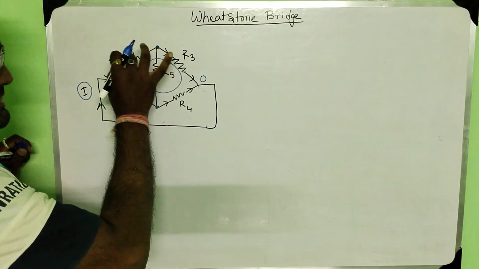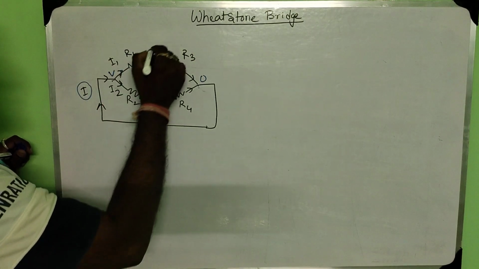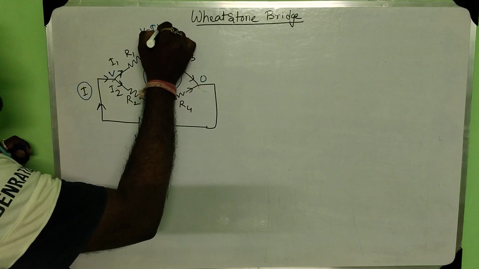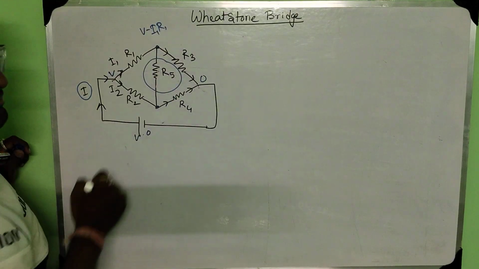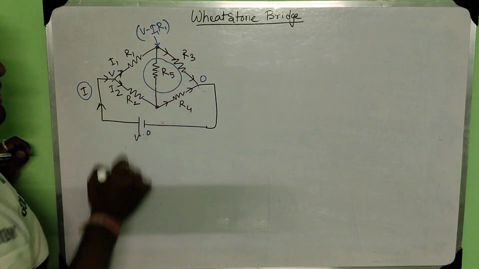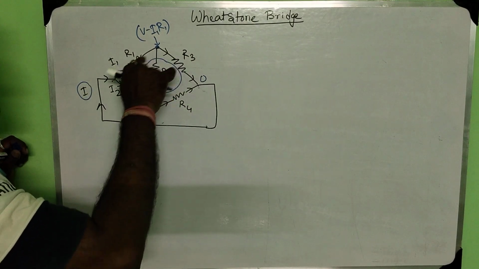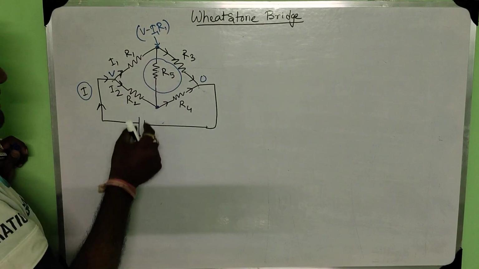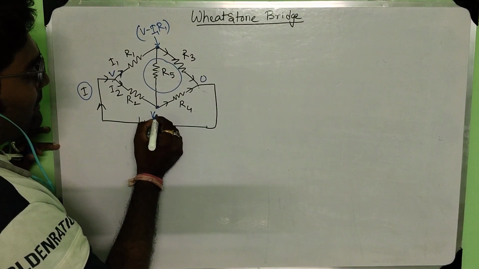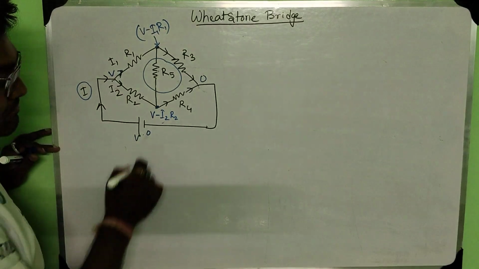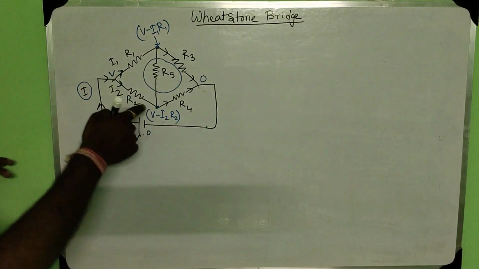The drop will be I1 into R1. So here the potential will be V minus I1 into R1, and here V minus I2 into R2, this being the potential drop at this point.